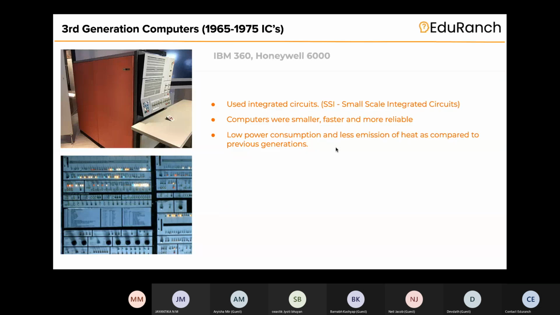Now further, we have seen the third generation computers, which had all these ICs and chips, using small scale integration, where we designed these chips and built them into modern computers like the IBM 360 or Honeywell 6000.